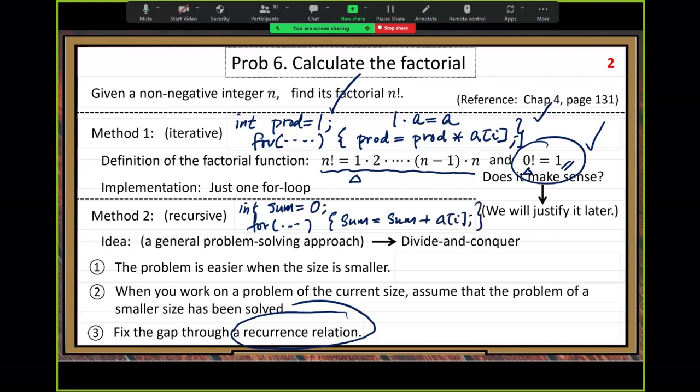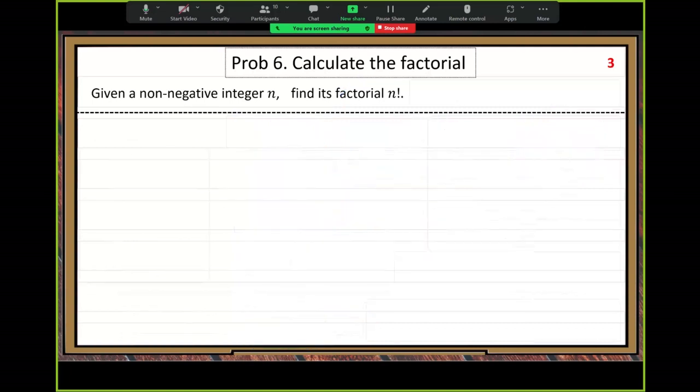For the summation case, the initial value is 0, not 1. For the product case, the initial value is 1. So you can see this assumption is quite reasonable. In the next slide, we will see a rigorous proof of this one. All right, let's look at the next slide.